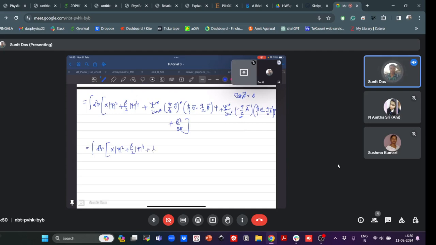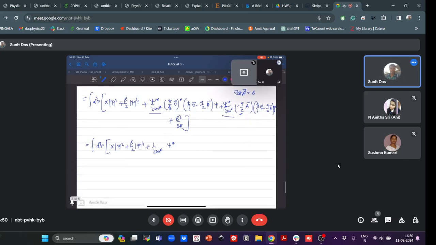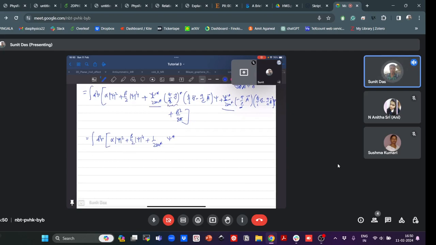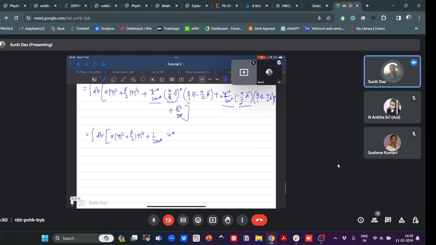You can write 1 by 2m star psi star, so this psi star by 2m and psi star by 2m common, then we'll write this part and this part, because we can take common on the right side this part and this part, right?